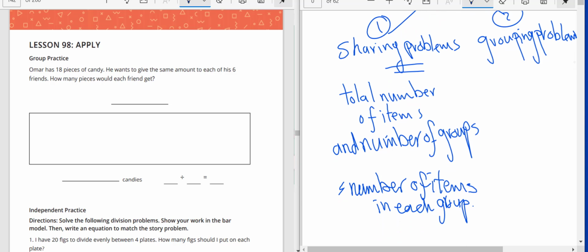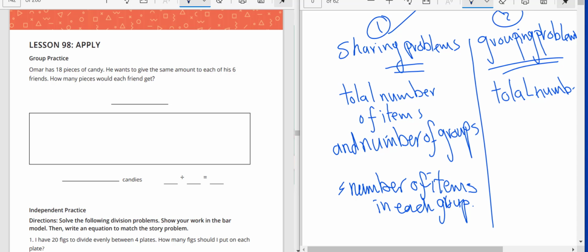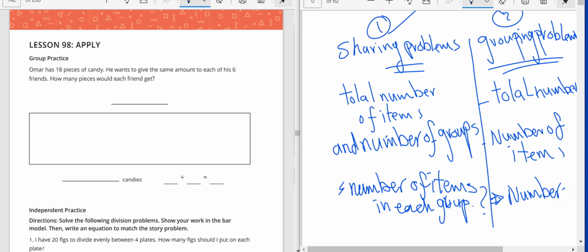Okay? Here, in grouping problems, we know the total number and number of items. And we want to know the number of groups.